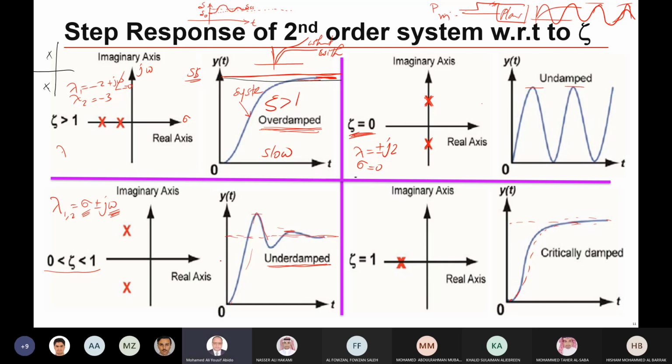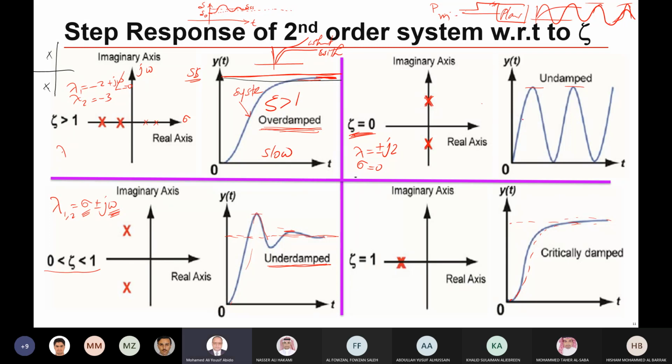But this is the underdamped case here. If these eigenvalues are here, what would be the... Abdullah Yusuf? Do you have a question, Abdullah? Yes, in the undamped case, where is the steady state value?